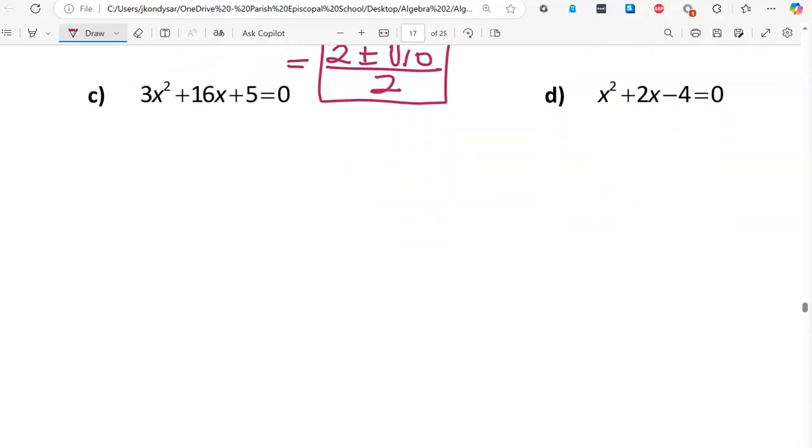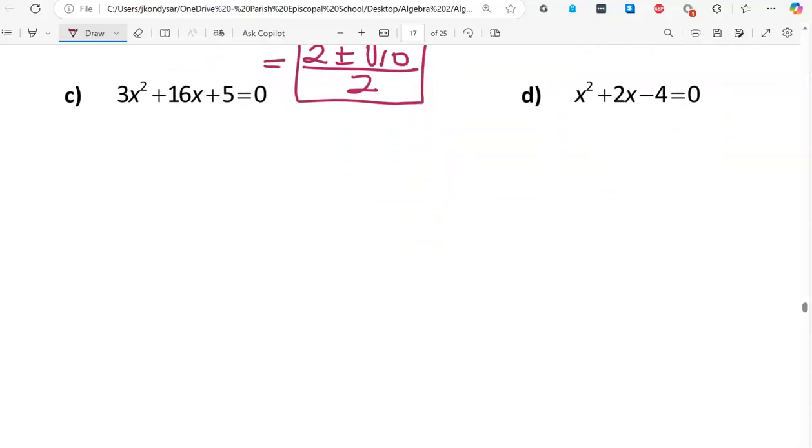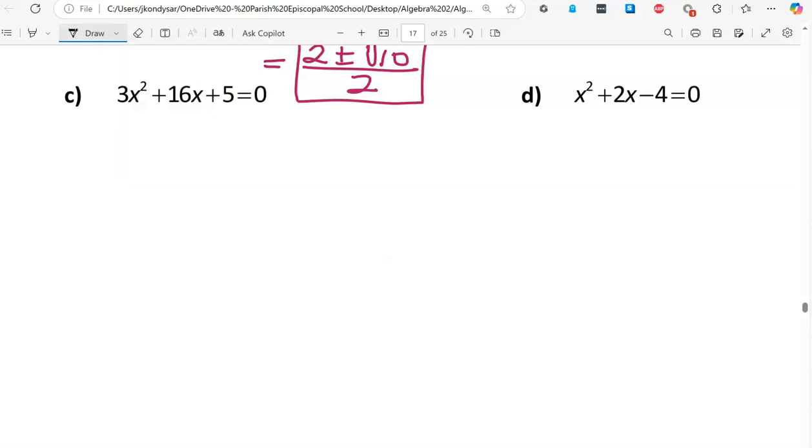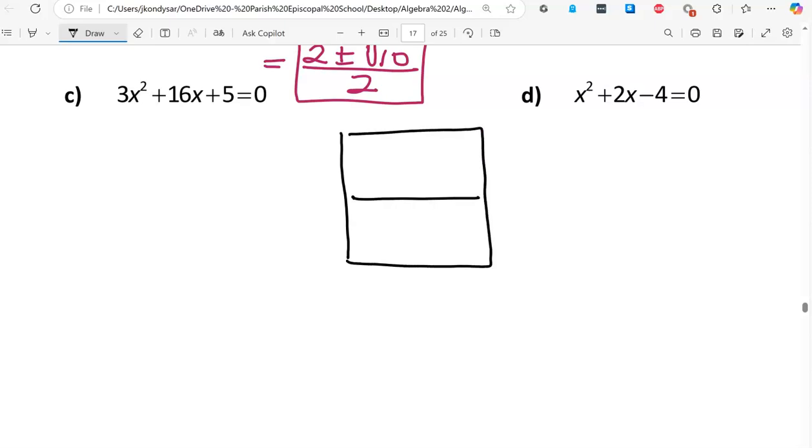All right, let's take a look at c. C is not in the form something squared equals a number, and it is already in standard form, so let's investigate factorability. A times c is 3 times 5 is 15. And so 15 does have two factors that add to 16. I'm going to do my factoring in a box over here.